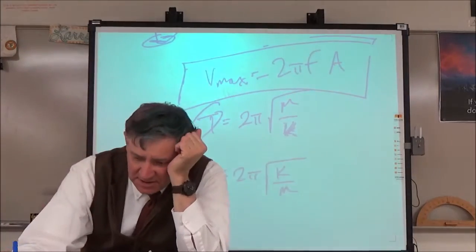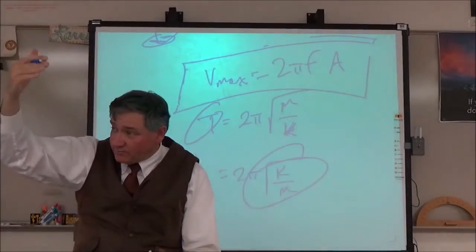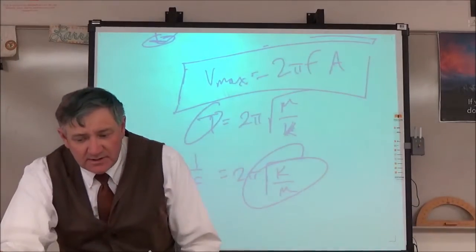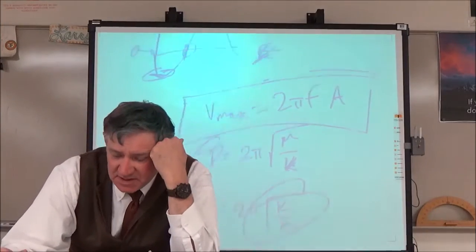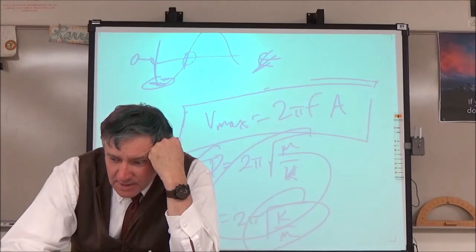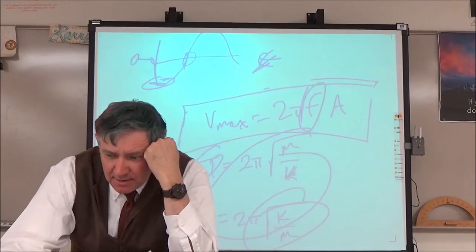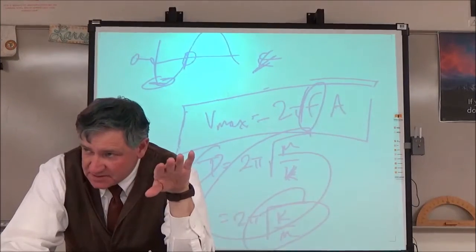So frequency is going to be the inverse of that, and you get units of 1 over seconds. So whether you're talking about period or frequency, here's what I want you to see. Period or frequency isn't impacted by the amplitude. That's going to stay the same.